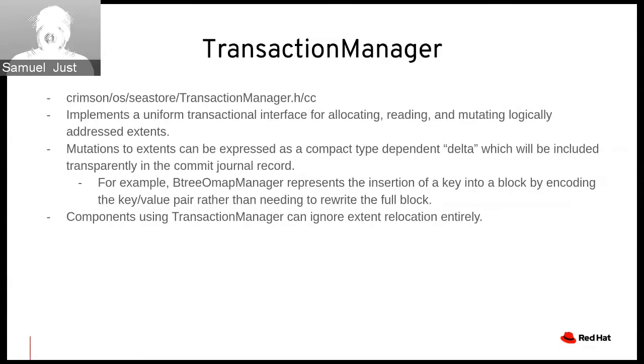This enables, for instance, the B-tree OMAP manager to represent the insertion of a key into a block by encoding just that key value pair, rather than needing to encode the full new copy of the block or everything after the point in the block where that key shows up. So it allows more compact encodings. Components using Transaction Manager can ignore extent relocation completely.